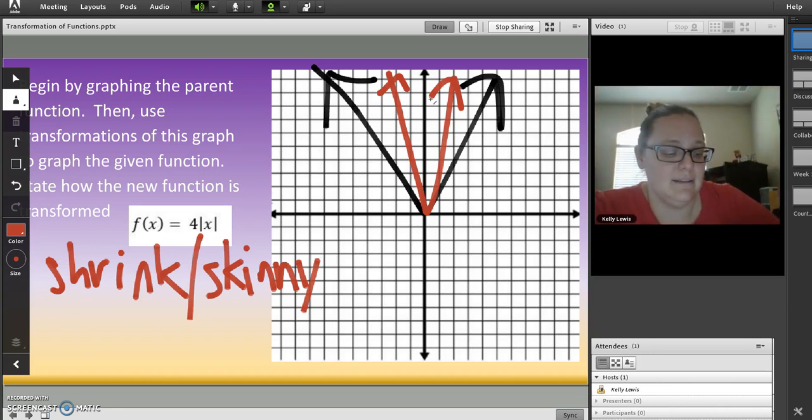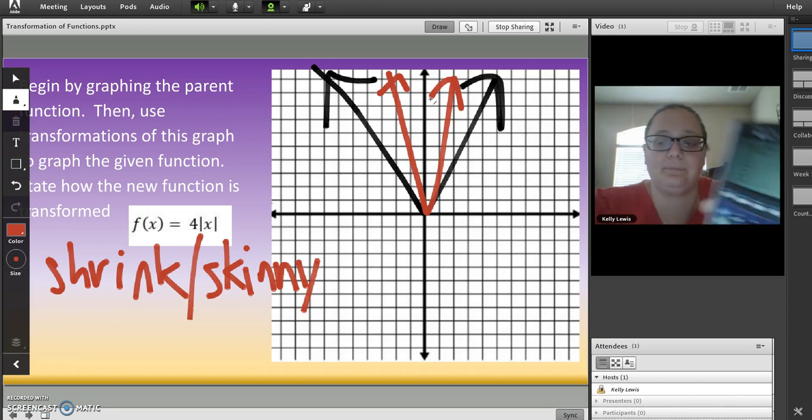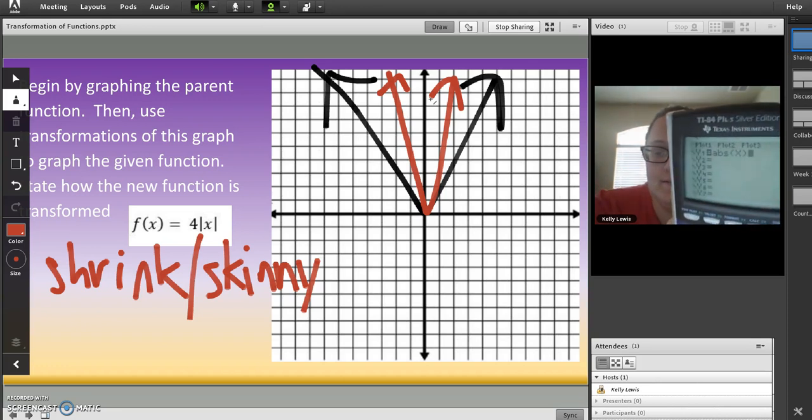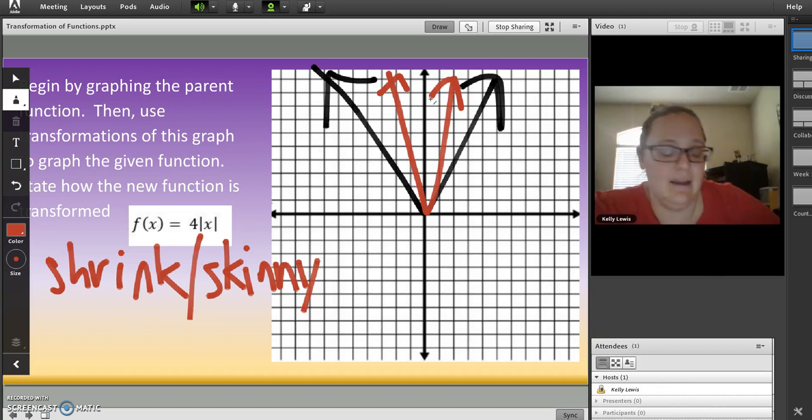And then we'll type in X, close parentheses. That's absolute value. Okay, here, I'm going to do that 1/2 absolute value. And then I'm going to do the 4 absolute value.